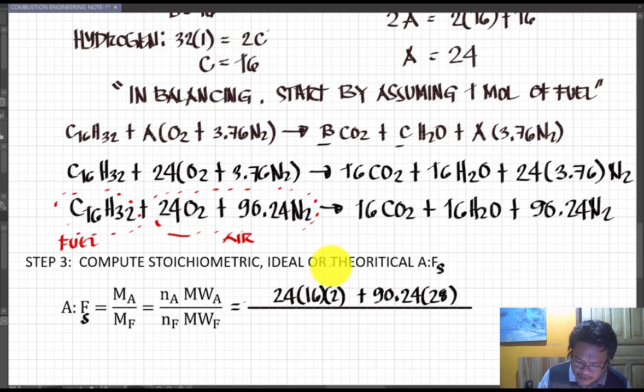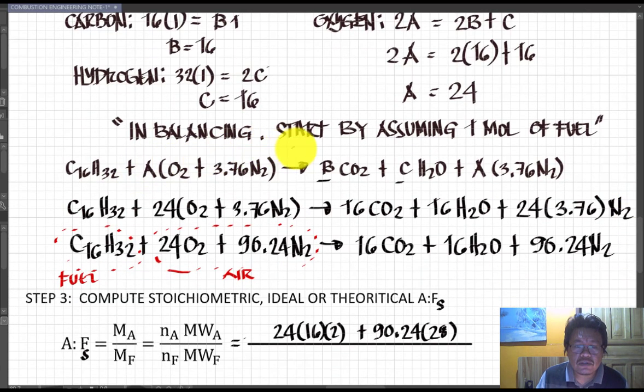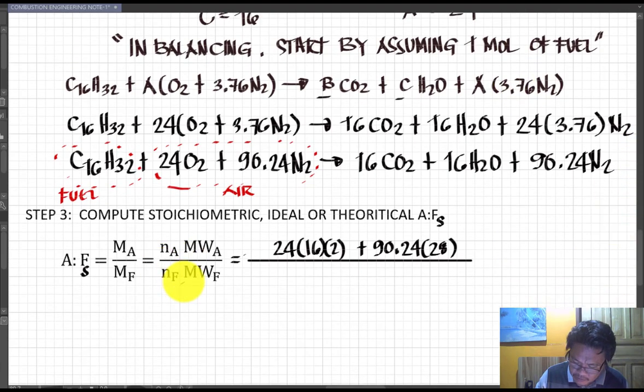Okay. So take note, kanina in balancing, we start by assuming 1 mole of fuel. So ang mole of fuel natin that will be used here is 1 only. So I'm gonna multiply it all by 1.